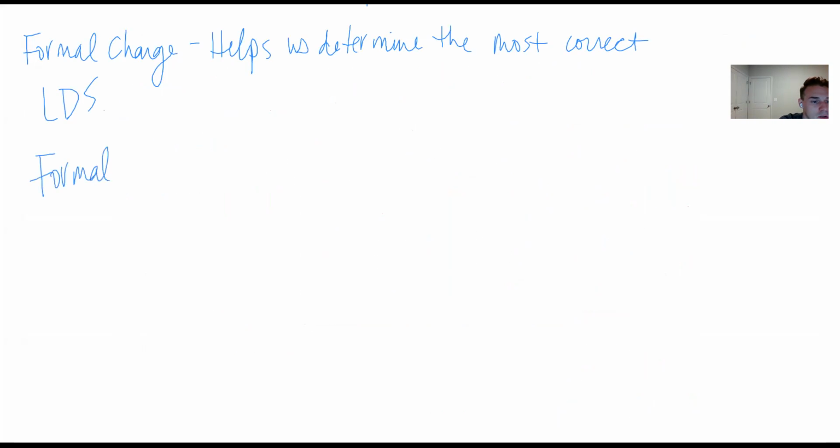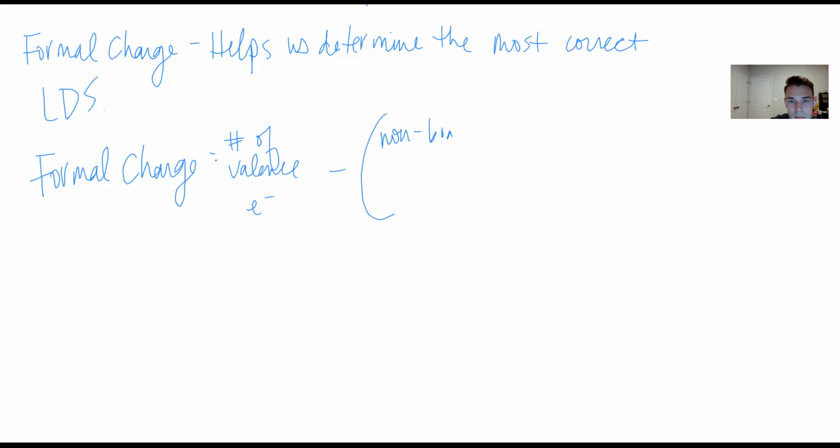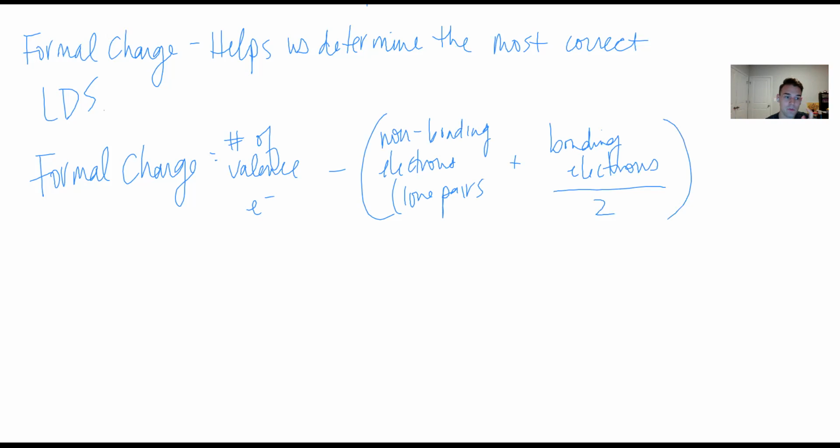So formal charge is equal to the number of valence electrons, you subtract from that the non-bonding electrons, which are our lone pairs, plus our bonding electrons divided by 2. Now, if you go ahead and Google formal charge, there are many different formulas that all work out to be the same thing.